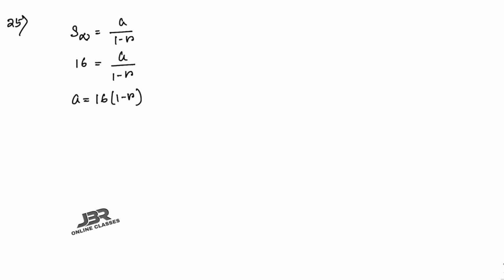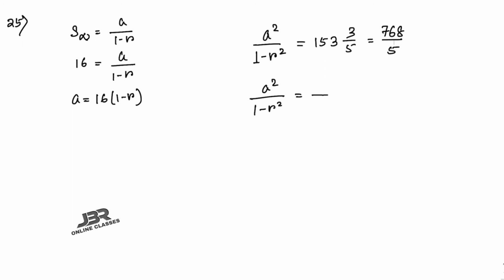Now the sum of the squares of its terms, that means a square by 1 minus r square. According to that formula, here 153 3/5, that means 768 by 5. So a square by 1 minus r square is 768 by 5.